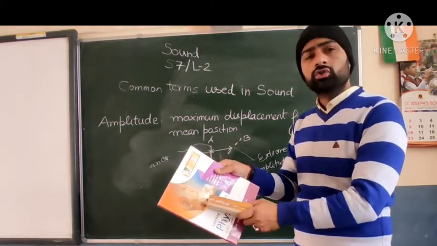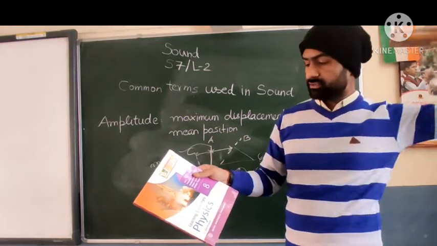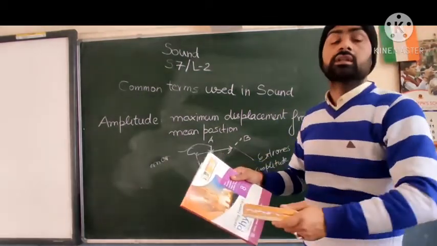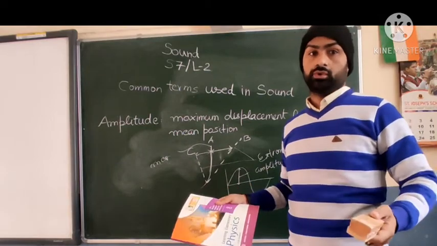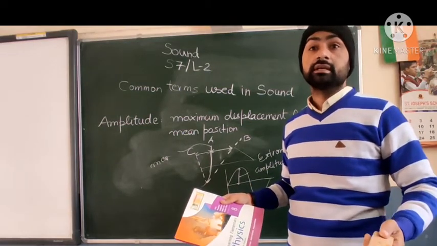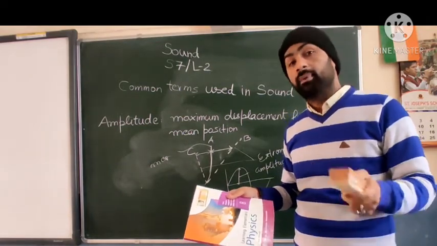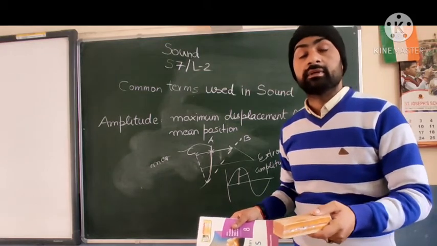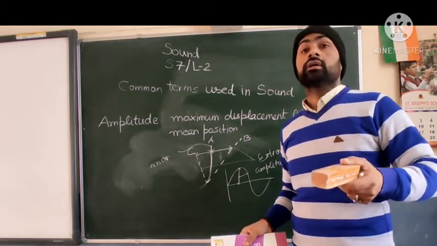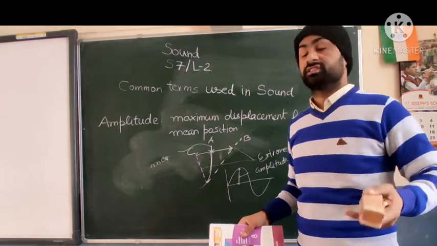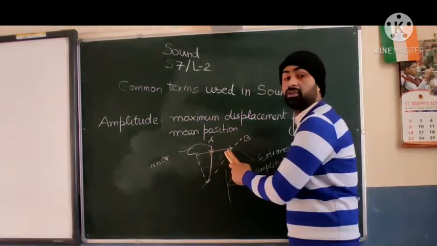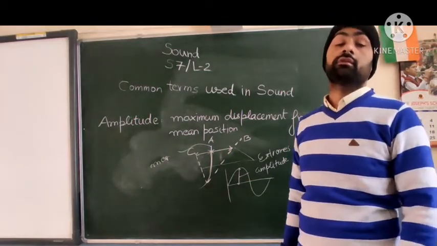It depends on the amount of force. Suppose I strike with great force, the amplitude will be more. With more energy you are imparting, the particles can travel more distance. So the displacement of the particles from the mean position will be more.